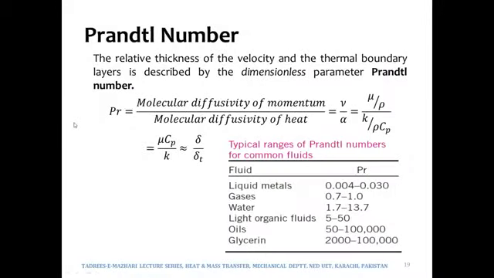The next dimensionless number that we are going to discuss is Prandtl number. Prandtl number is a ratio of the molecular momentum diffusivity to the thermal diffusivity. So the momentum diffusivity is what we represent with a nu, which we were discussing a couple of slides ago in Reynolds number.